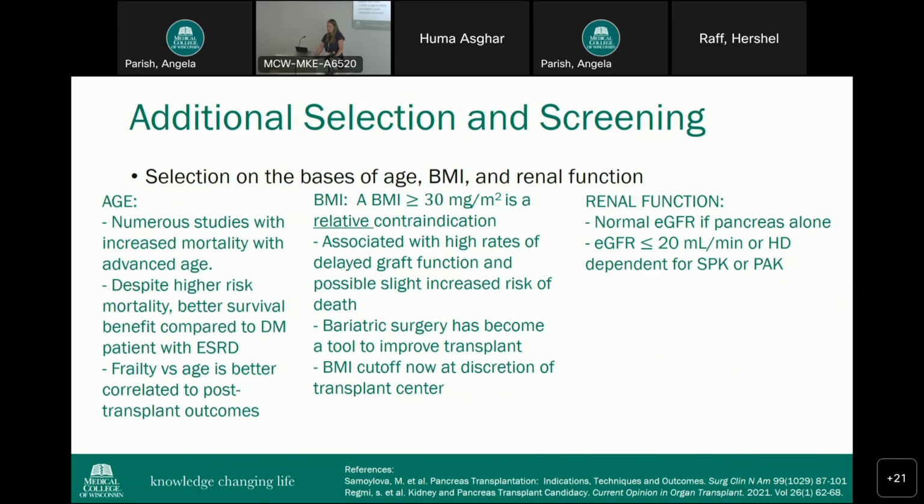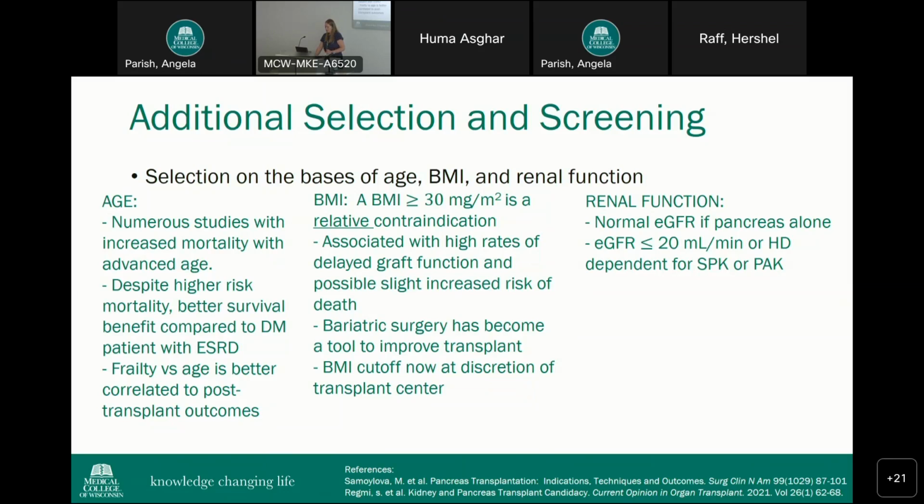meaning that more advanced age would result in higher risk of graft failure or complication. But despite having higher mortality compared to a younger patient, the older patient that received a transplant still did better than someone who remained on dialysis or did not receive the transplant. They're really looking at a score of frailty versus absolute age that should be correlated with pancreatic transplant outcomes.